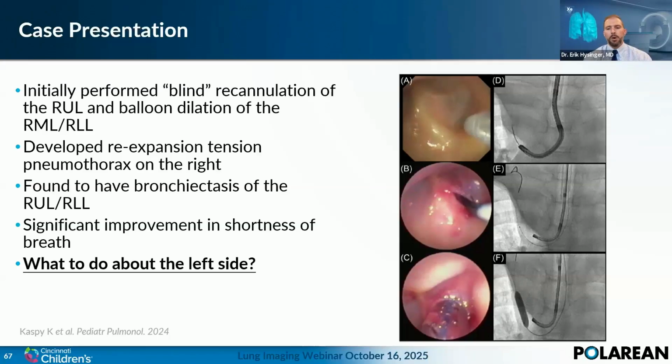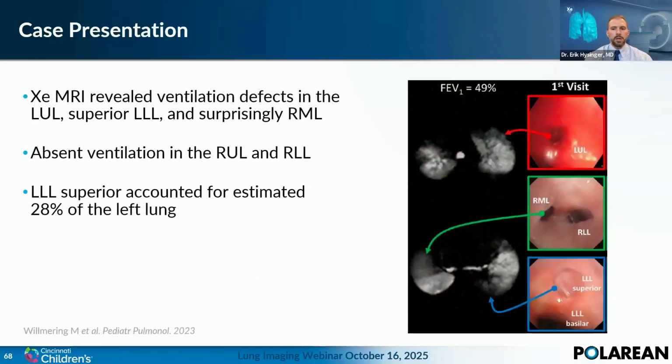And so then we had to decide, what are we going to do about that left side, particularly that membranous occlusion of that left lower lobe? Next slide, please. A question that I had, in particular for that left lower lobe that was completely occlusive, was a few things. One, is that area going to be enough of a ventilation defect to be worthwhile? And two, is there any evidence of lung that's going to be useful beyond that?